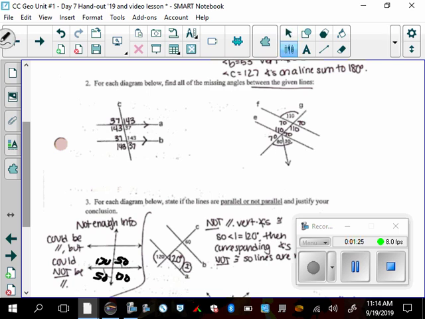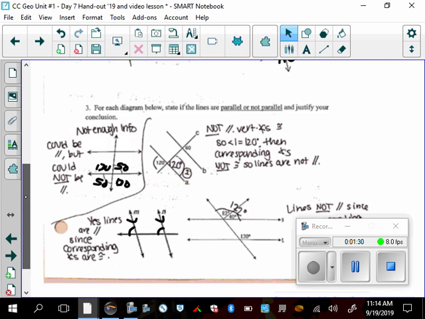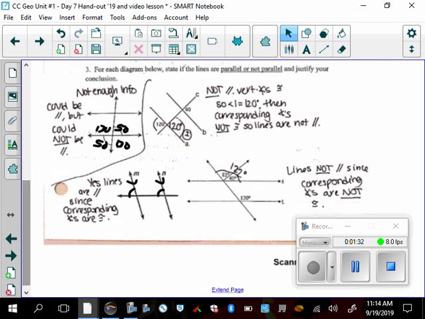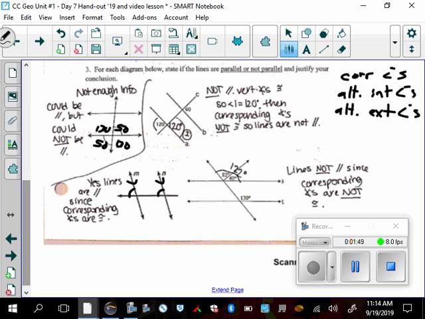This one you had to add these two together to get the 110. But the one at the bottom, I think, confused people. So our lines are parallel because we have corresponding angles that are congruent, alternate interior angles that are congruent, alternate exterior angles that are congruent, or same side interior angles that equal 180 and are supplementary.